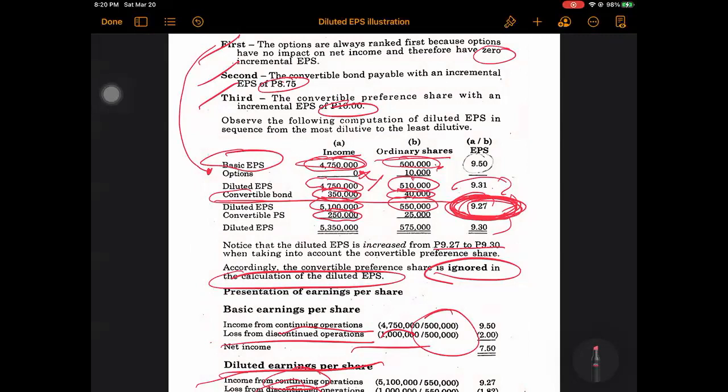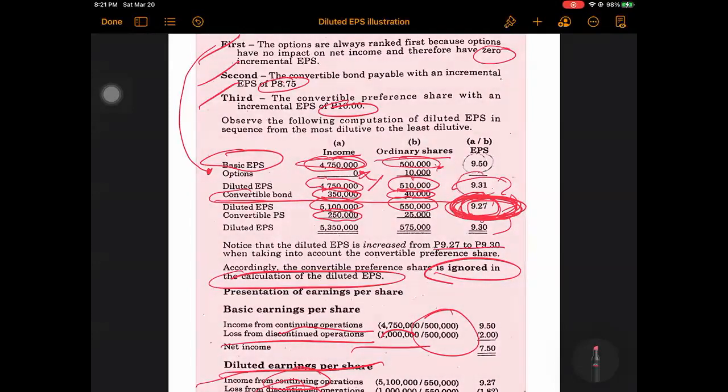Sa kana nga problem, sir, if ang gipangutana is pila ang diluted earnings per share sa convertible bond payable, answer is 9.3. The 9.3 is refers to if i-account na to ang convertible preference shares. 9.27 after accounting your options and convertible bonds.